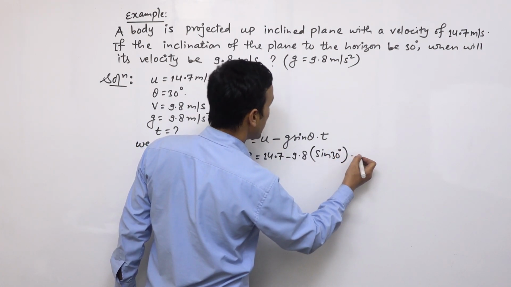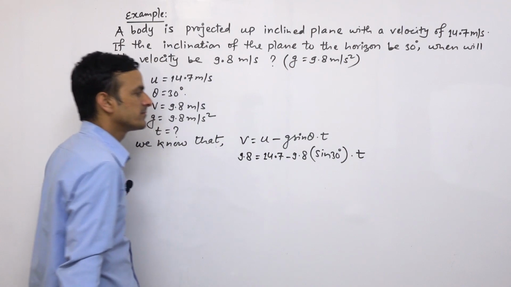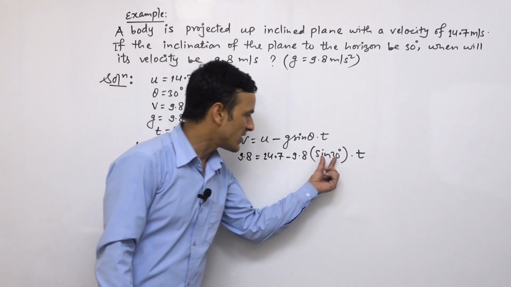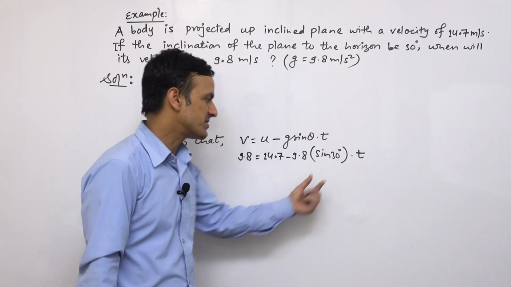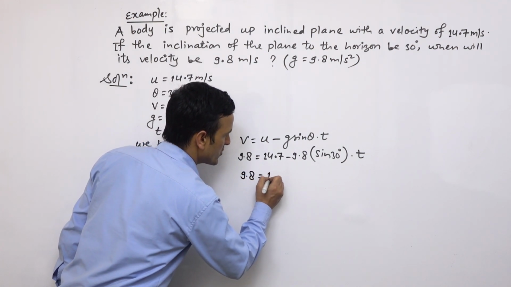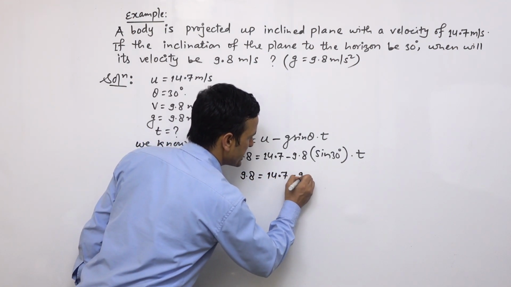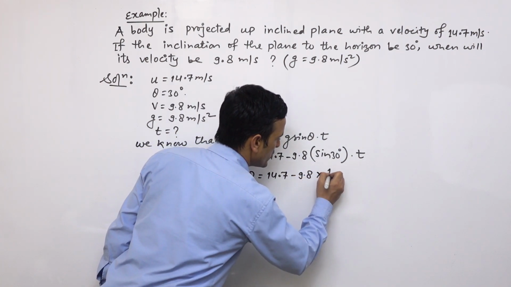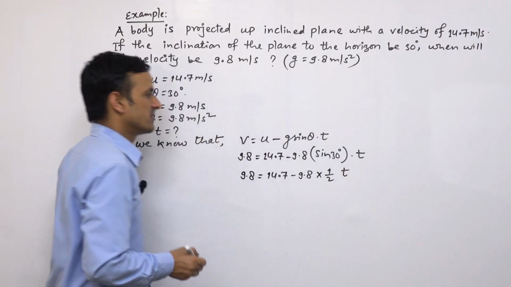So it is sin theta, and time is unknown. So we can write down the value of sin 30 from table, trigonometric table. So it is 9.8 is equal to 14.7 minus 9.8 into 1 by 2 into t.